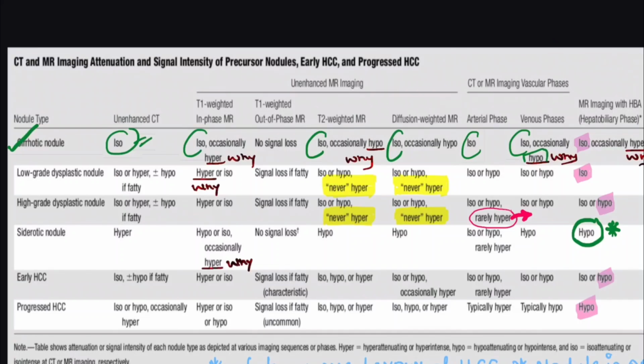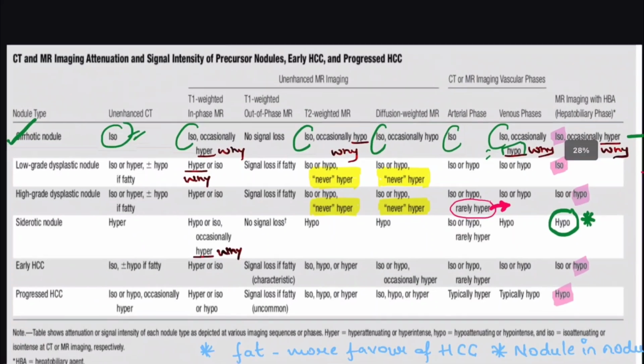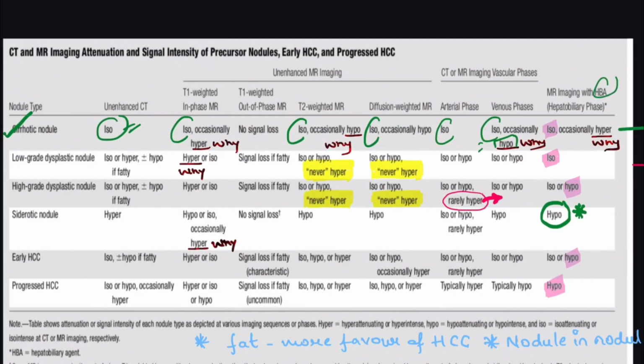So in the enhancing background of liver they appear as hypo nodules. And on MR imaging with hepatobiliary agents, on the hepatobiliary phase, they are again ISO because they contain hepatocytes having OATP. So they are ISO intense on the hepatobiliary phases, okay?